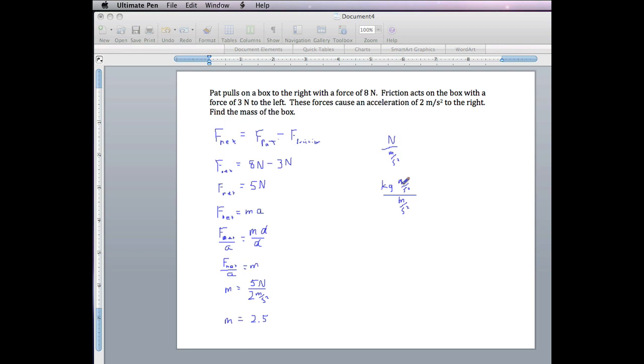Now we can see that the meters per second squared cancel out, and we're left with kilograms. That says that the units on our answer should be kilograms, and kilograms is an appropriate unit for mass, and so we're fairly sure we did the problem correctly.